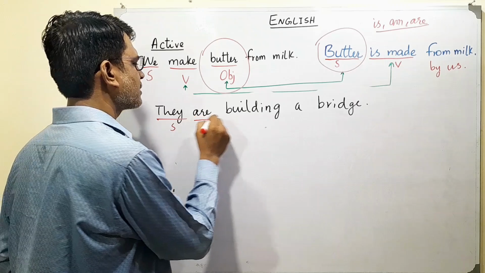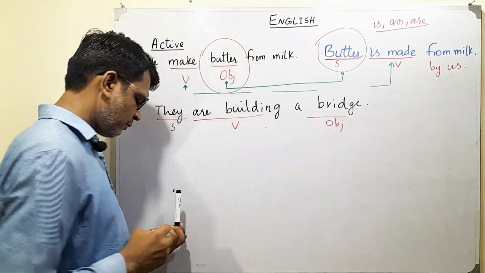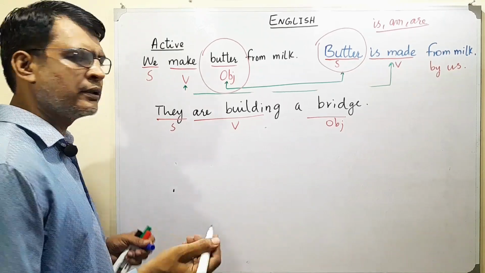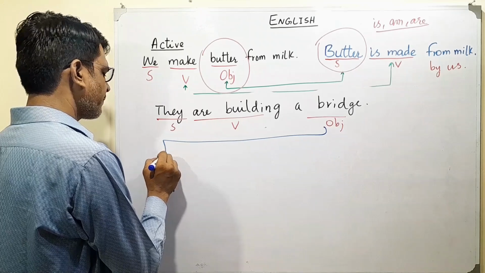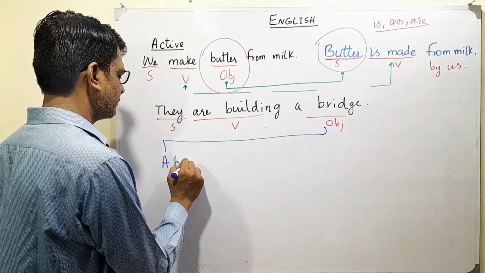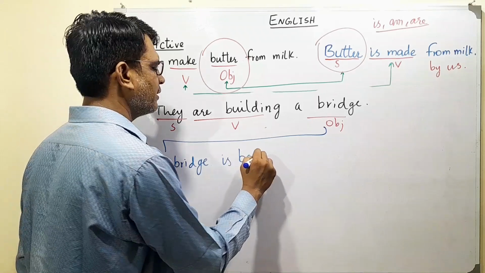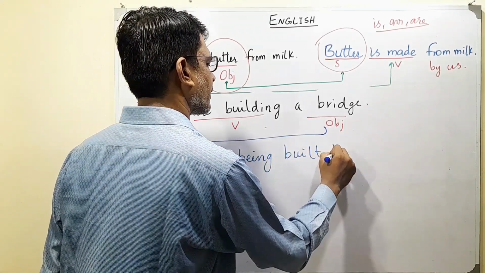We have a subject, a continuous verb, and an object. And what do we do with it? The same idea. We take the object, so our object will come here: a bridge is being built by them.